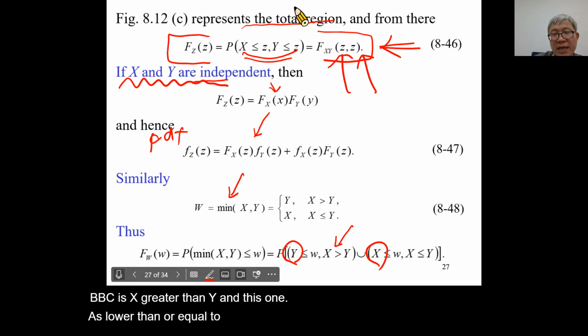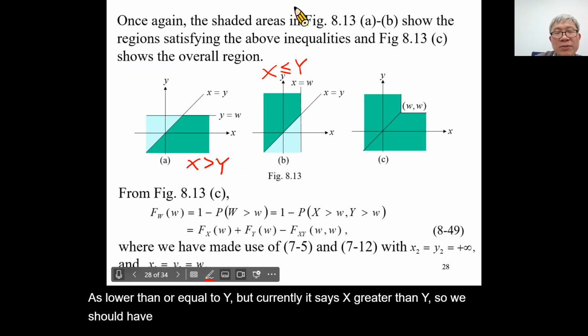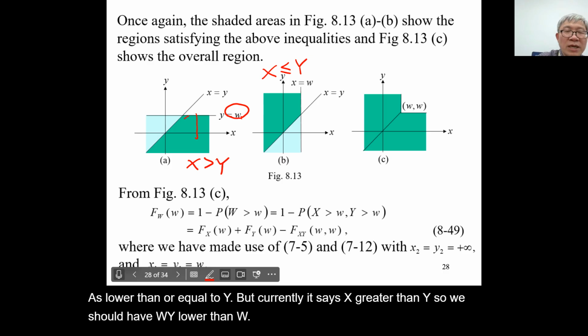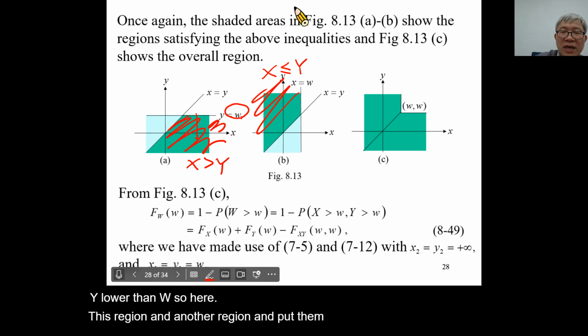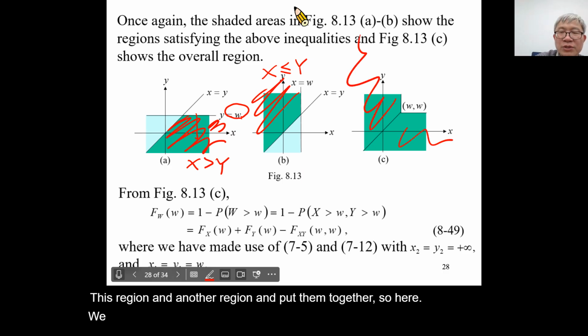But currently it says x greater than y, so we should have w, y lower than w. So here is this region and another region, and we put them together.